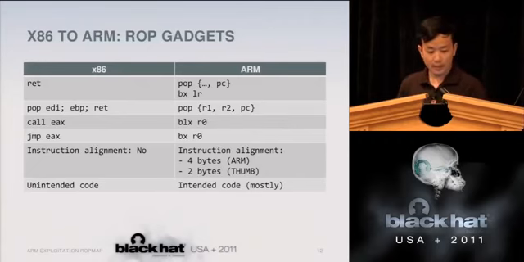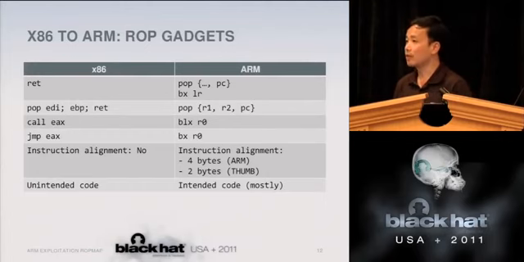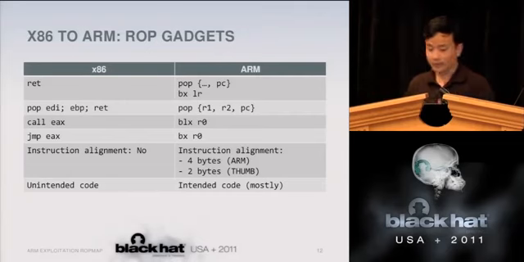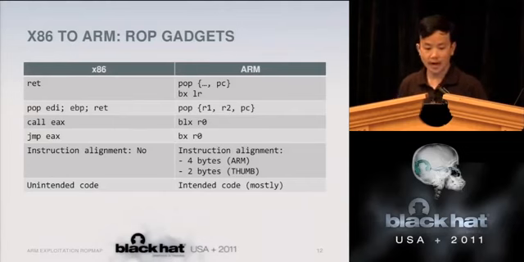For example, in x86, a very common ROP gadget is pop, pop, ret. In ARM, it's just one gadget: pop R1, R2, and PC. So it may be different. And for indirect gadgets like call EAX or jump EAX, we have in ARM BLX register or BX register.